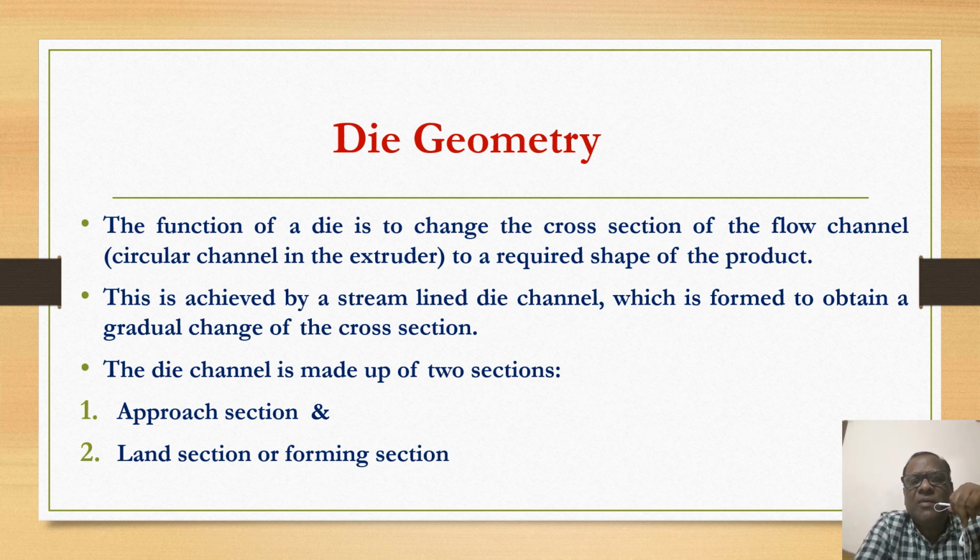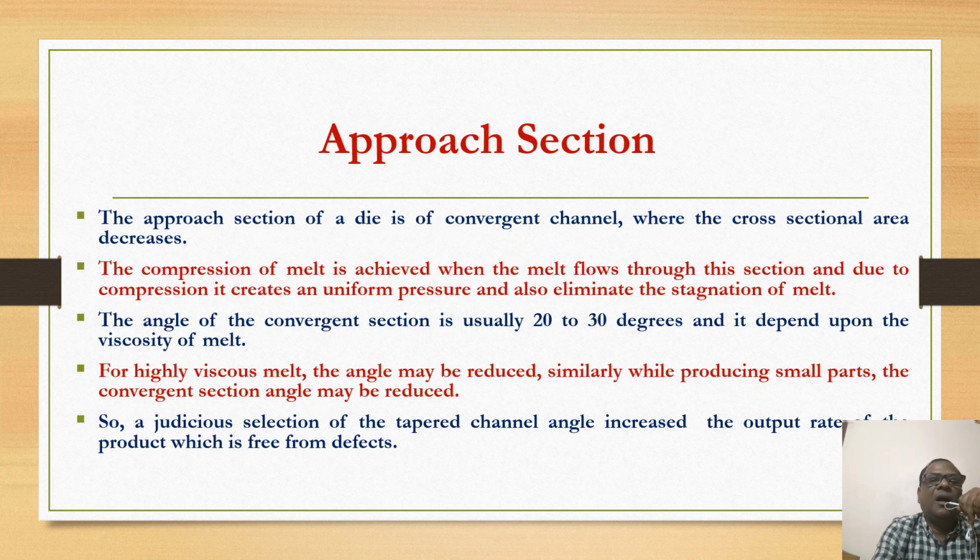So based on the required shape of the plastic product, the cross section will change, and it is achieved by a streamlined die channel which is formed to obtain a gradual change of the cross section. And the die channel is made up of two sections: one is the approach section, and the other one is the land section.